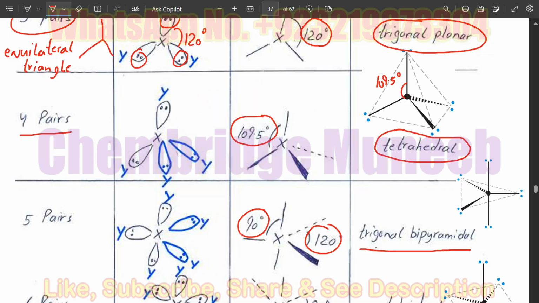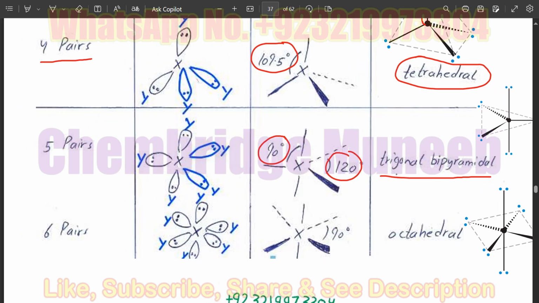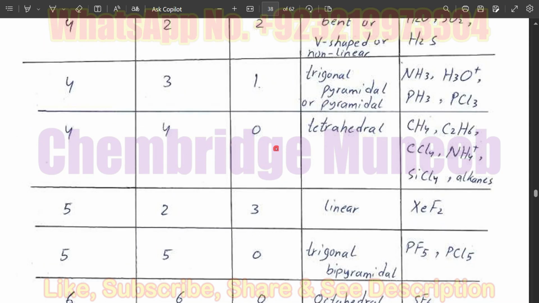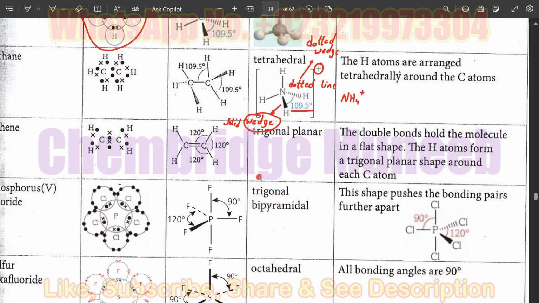So that's why we have two angles in this structure, 90 degree and 120 degree. So this is the case of trigonal bipyramidal, and now we can see an example of it here.